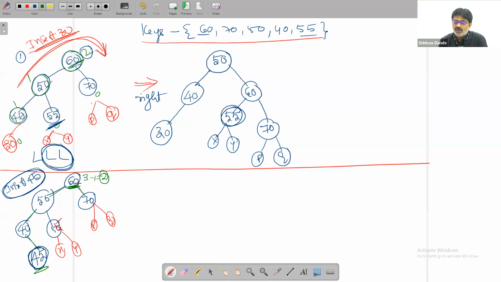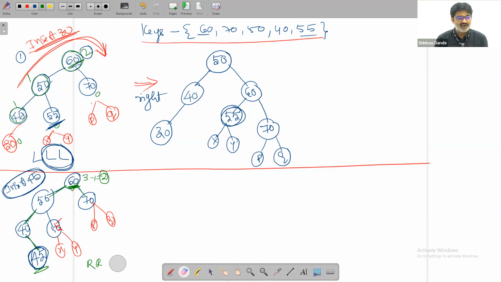Okay. Now from 60 you start. Take the unbalanced 60, and from 60 onwards you do. This is right. Again right. Next left. So which one do I have to consider? Sorry, I made a mistake, guys.